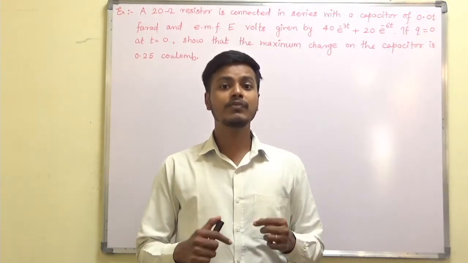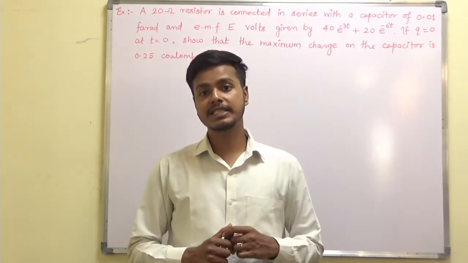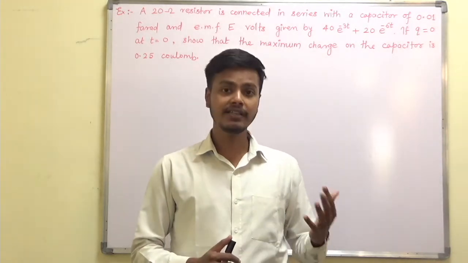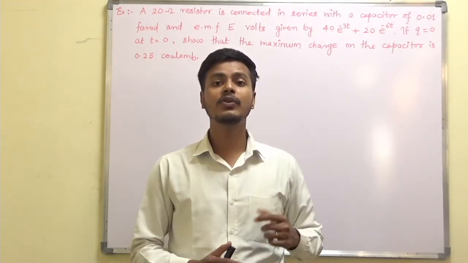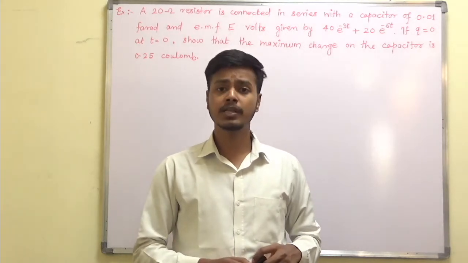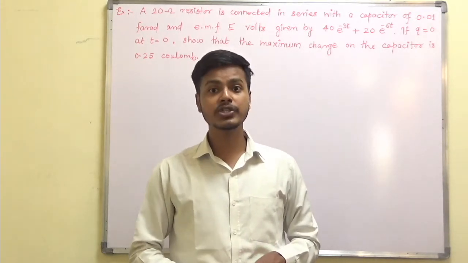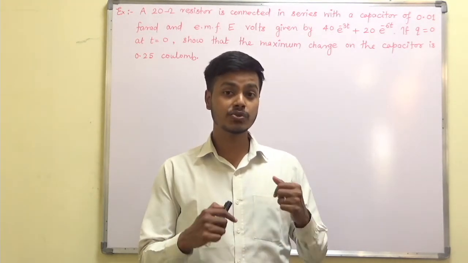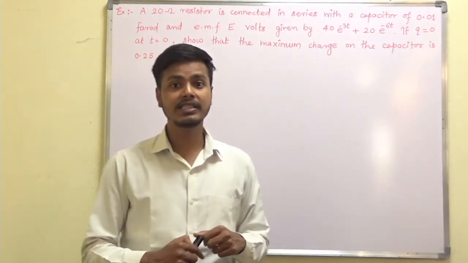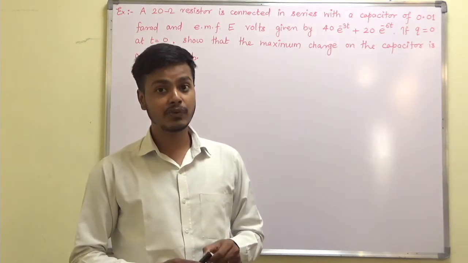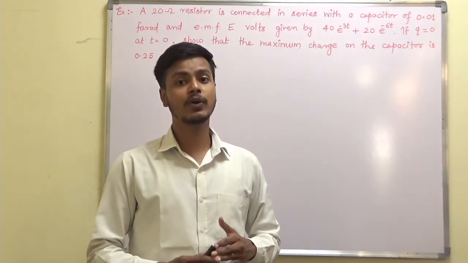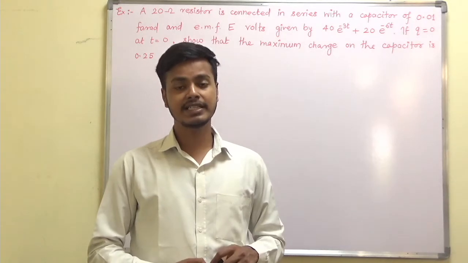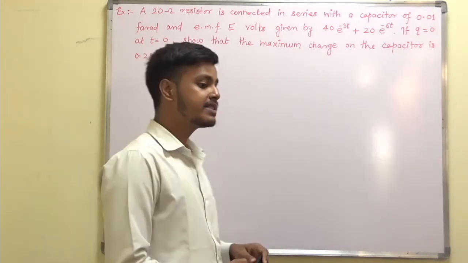The problem in which the equation of the circuit is given, we have already taken. Now in this learning video, we are going to take a problem where the equation of the circuit is not given to us, and we have to derive or write the circuit equation first, and then solve it further to get the desired result. Okay, so let us see here.